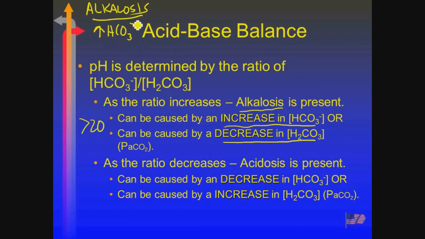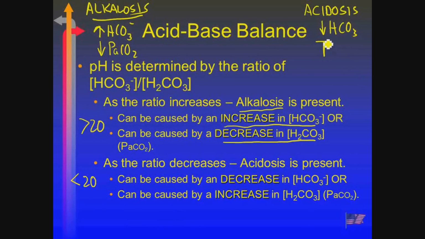So a condition that causes an increase in bicarbonate level or causes a reduction in arterial carbon dioxide will create an alkalosis. A ratio less than 20 would be caused by a reduction in the numerator or an increase in the denominator.